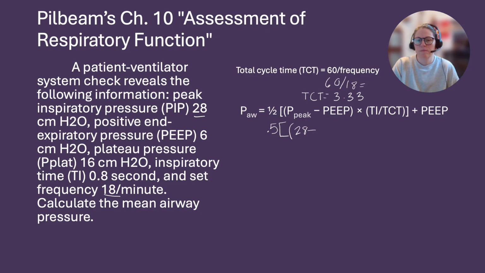Our PEEP is 6. Our TI, 0.8. We're dividing that by our total cycle time, just 3.33. Plus 6. We're putting that PEEP in there again.